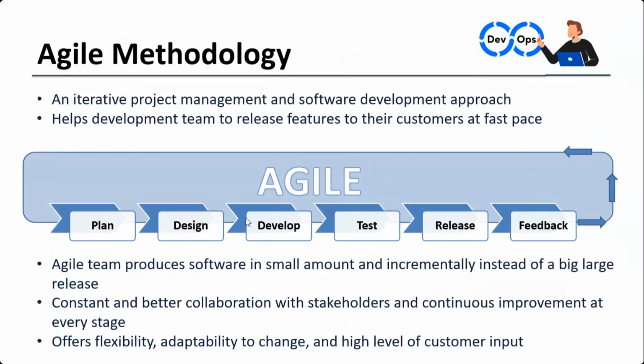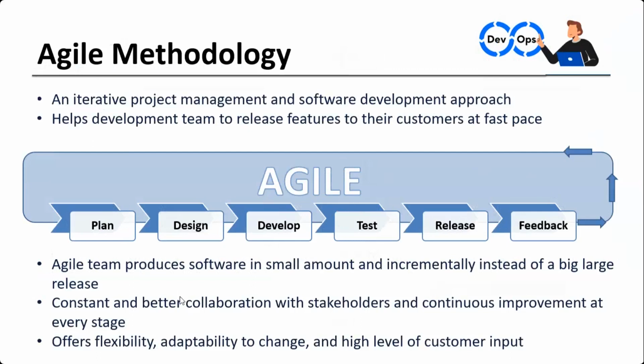For the develop phase, you write the code and build the features, and then test, to ensure that they meet the required standards, depending on the phases previously assigned, and release, where you deploy the feature to the production environment. Lastly is feedback. We gather feedback from the user to inform what the next iteration will be.